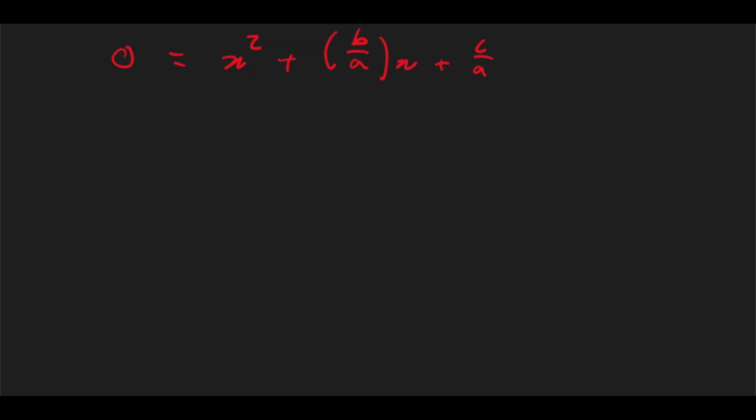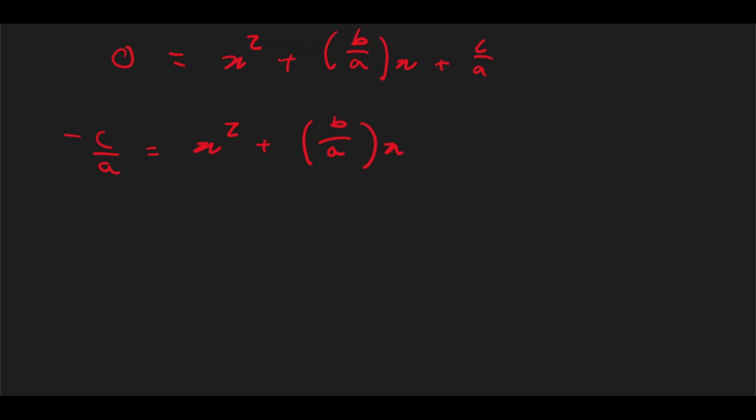What we can do next is just subtract c over a from both sides. And the reason we want to do this is just to isolate those x's that little bit more. So we're left with negative c over a equals x squared plus b over a x. Awesome.